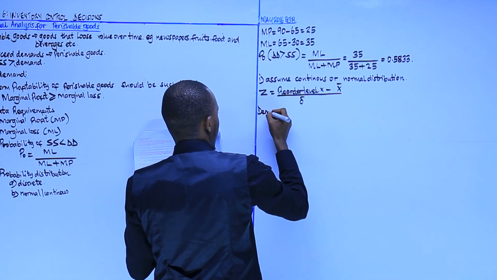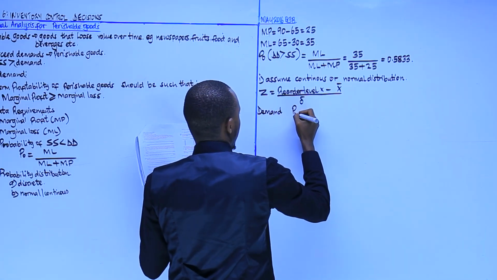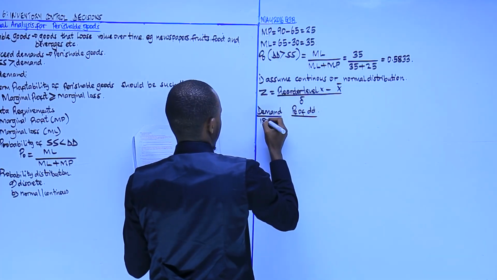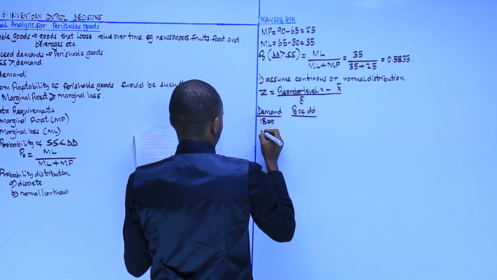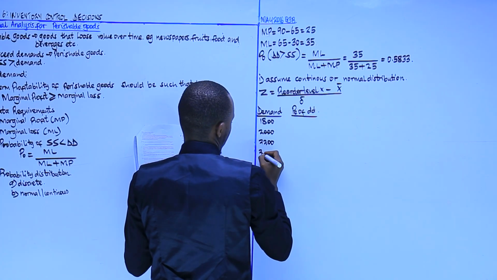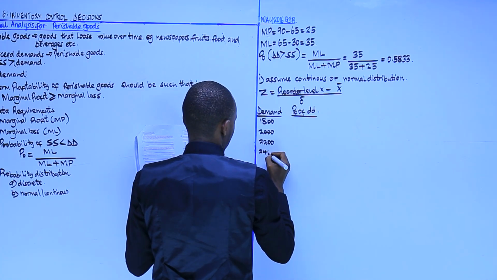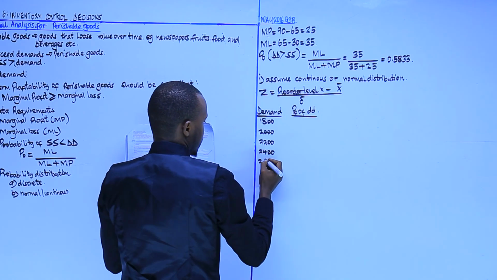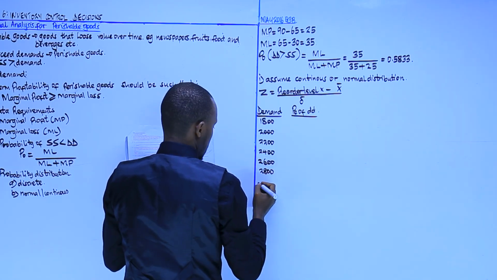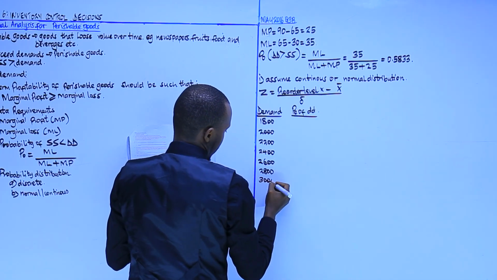You have your demand and probability of demand. Demand: 1800, 2000, 2200, 2400, 2600, 2800, and 3000.